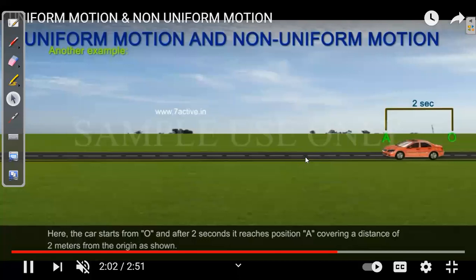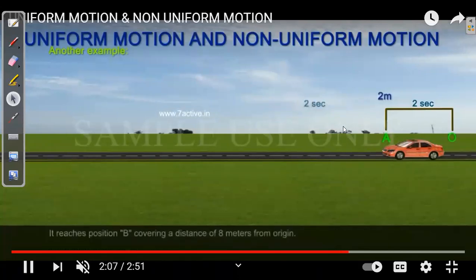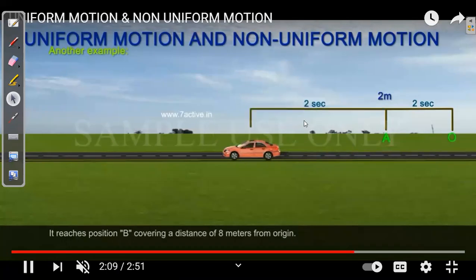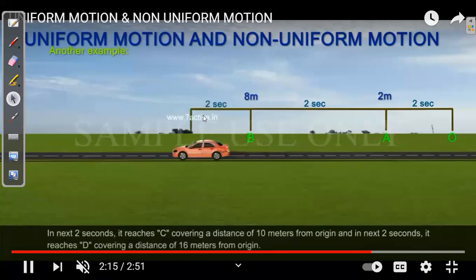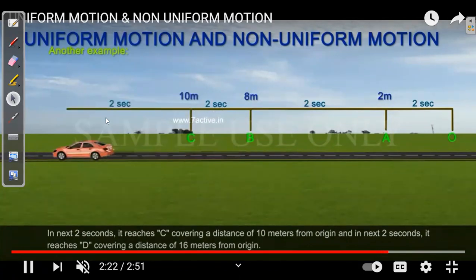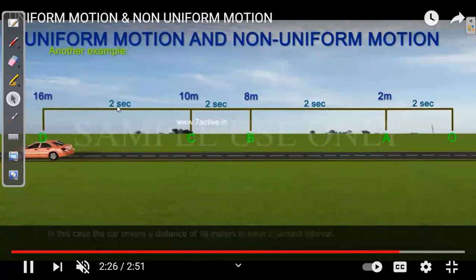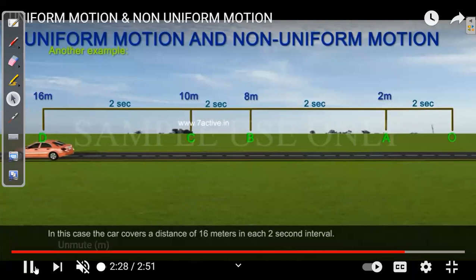It completes 2 meter in the first 2 seconds. It completes another 6 meter in 2 seconds. It completes another 10 meter in 2 seconds, and it completes another in 2 seconds.